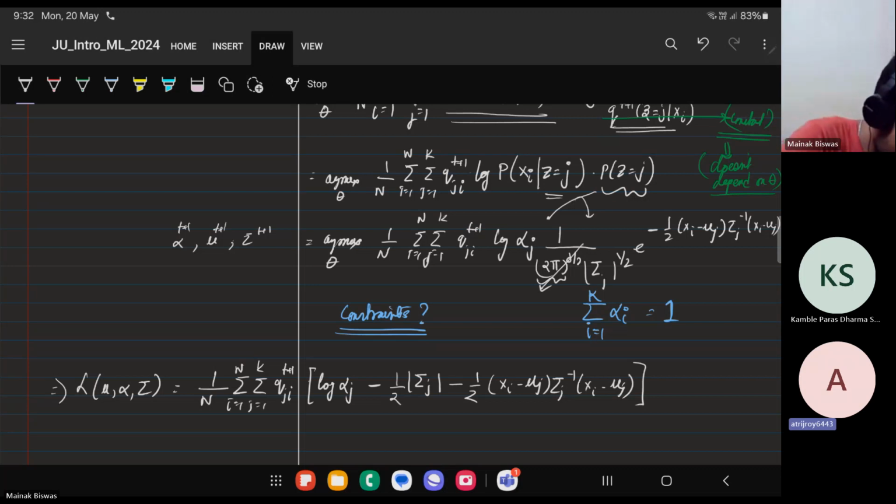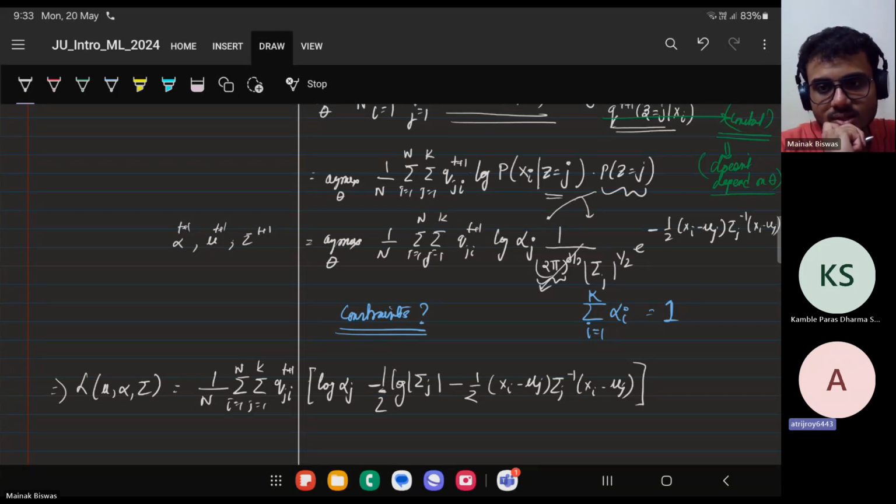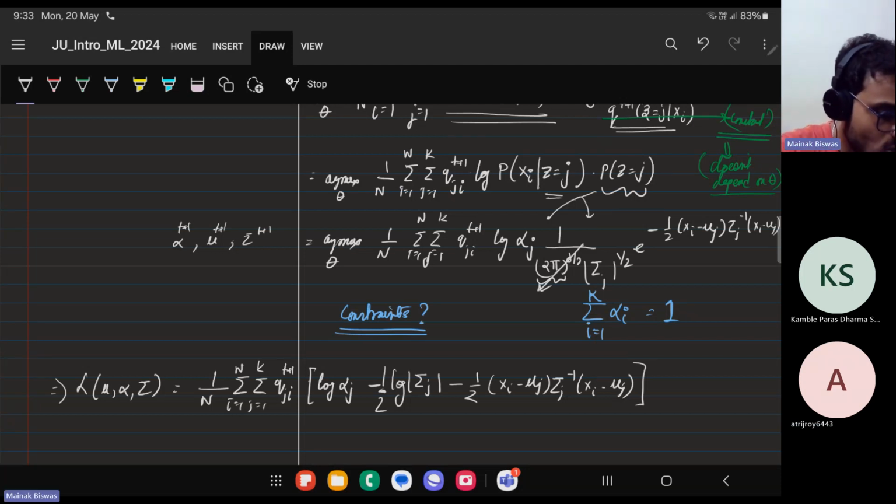I just forgot to write the log. The second one, the log will go because there is an exponential, right? And this term is a constant because it is 2 pi to the power d by 2.